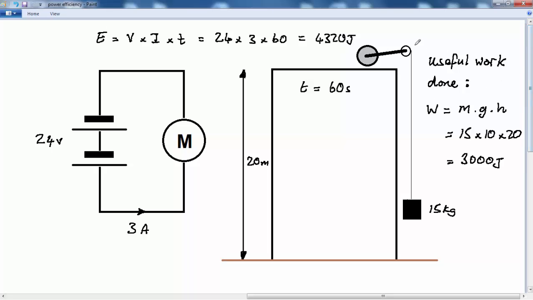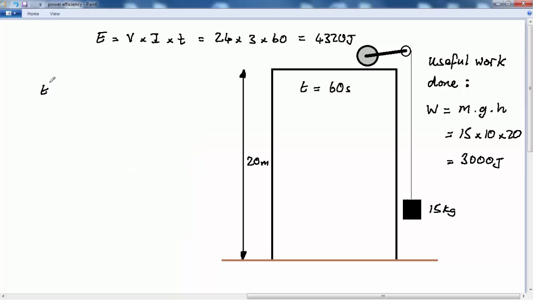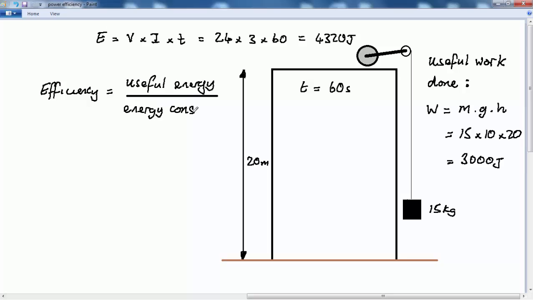So we can calculate the efficiency of the motor. The efficiency is the useful energy divided by the energy consumed. The useful energy is the useful work done by the motor, and in this particular case that was equal to 3,000 joules. That's the change in gravitational potential energy given to the block, divided by the energy supplied to the motor in that 60 seconds.